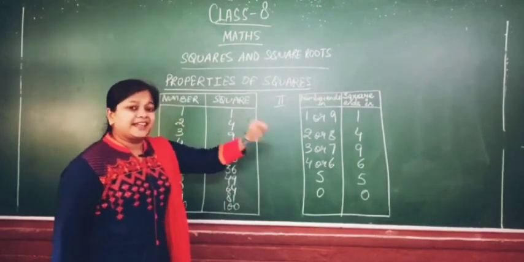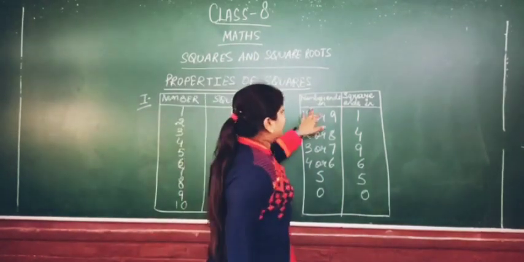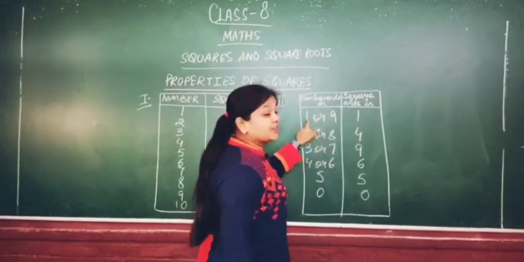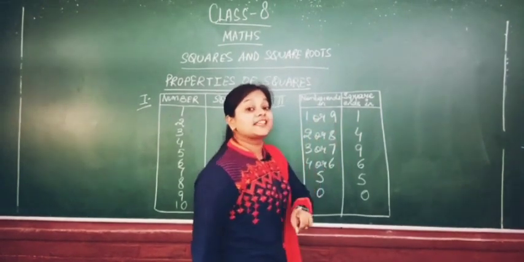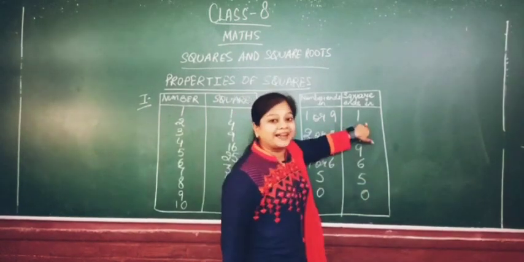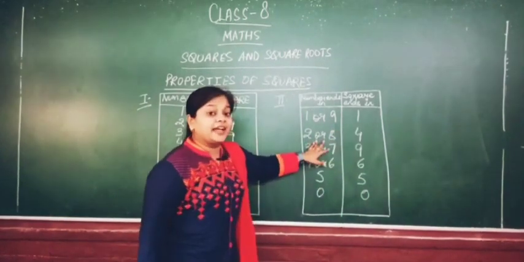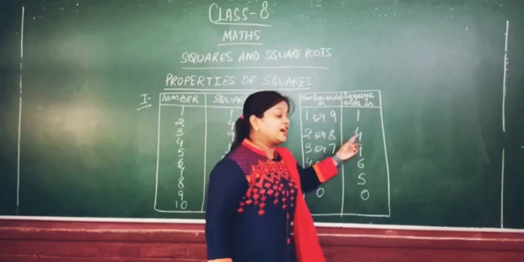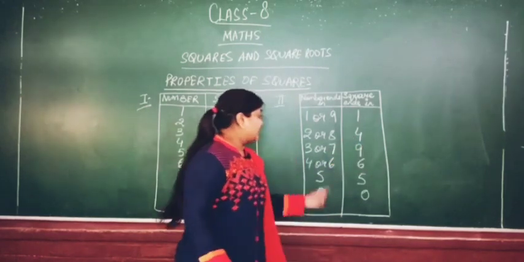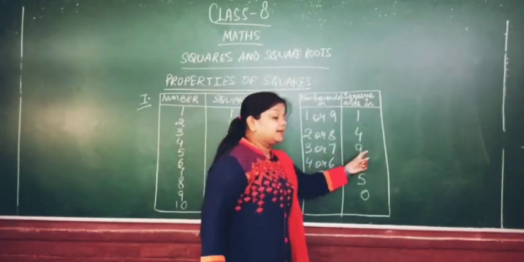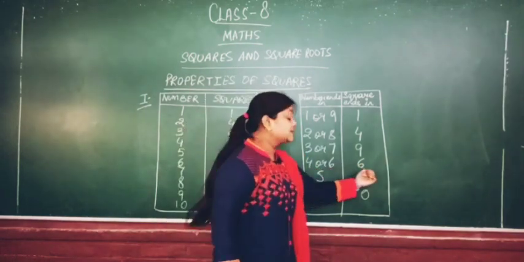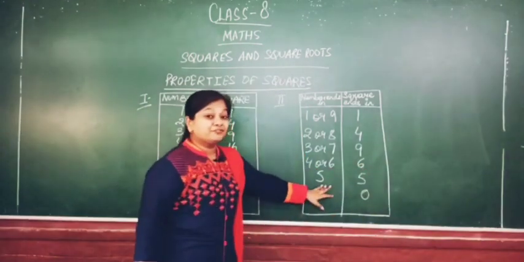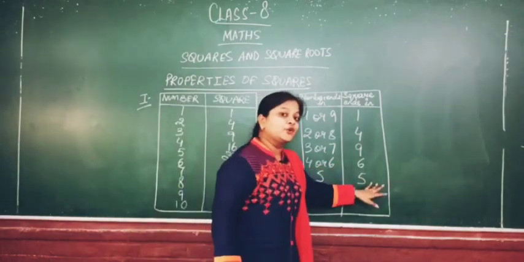Okay? In our next table, if any number ends with 1 or 9, then its square will always end in 1. If any number ends with 2 or 8, the square will end with 4. 3 or 7, then 9. 4 or 6, then 6. 5, then the square will end with 5.